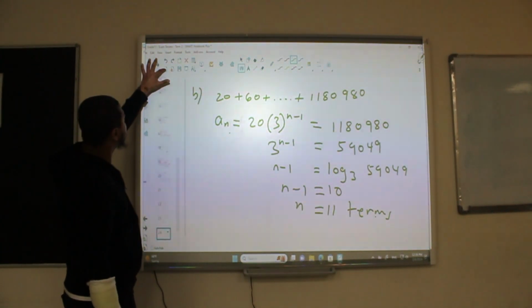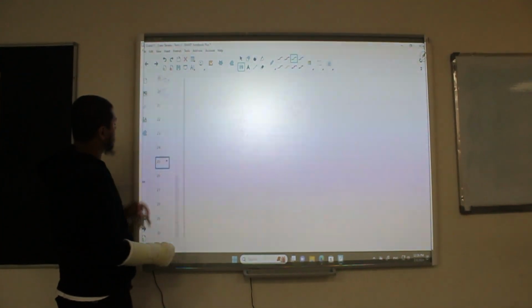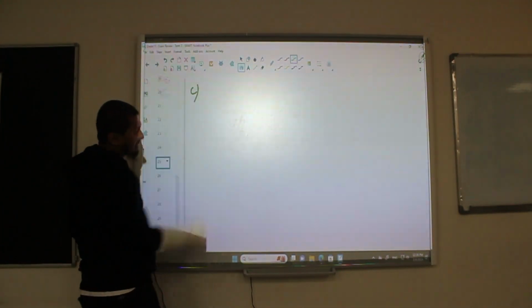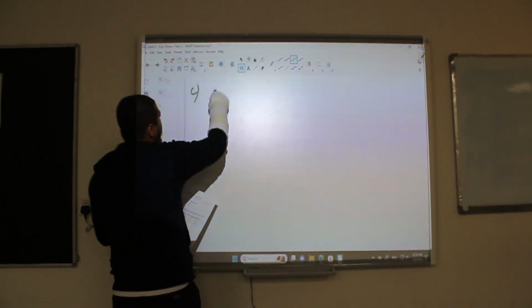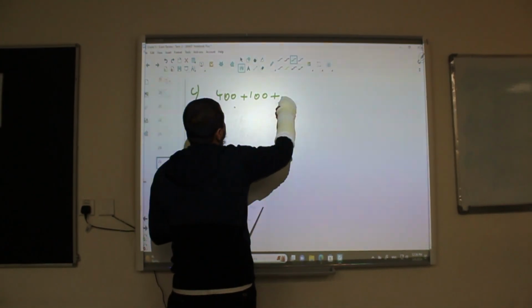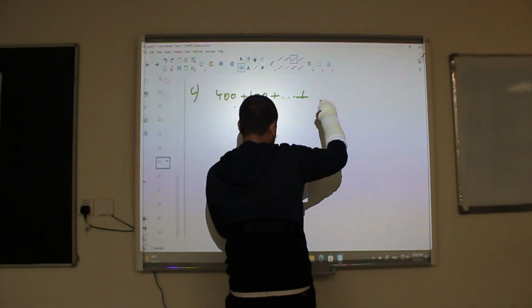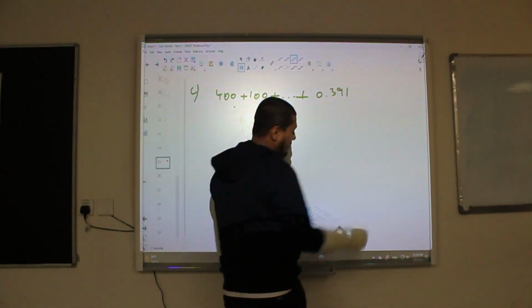part C. We have 400 plus 100 plus dot dot, 0.391.